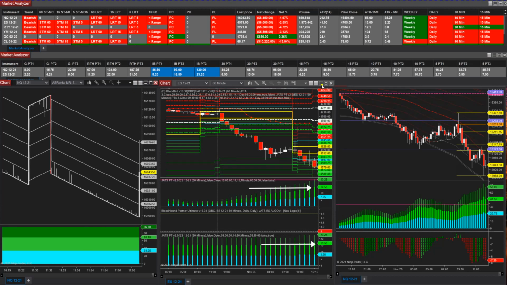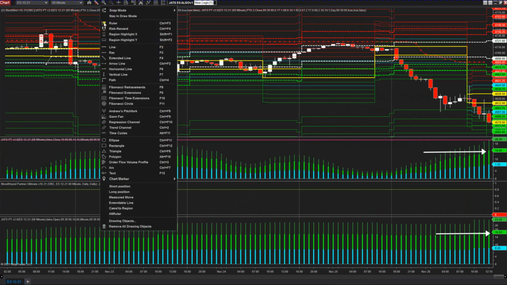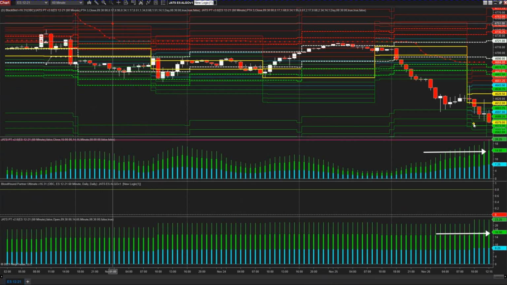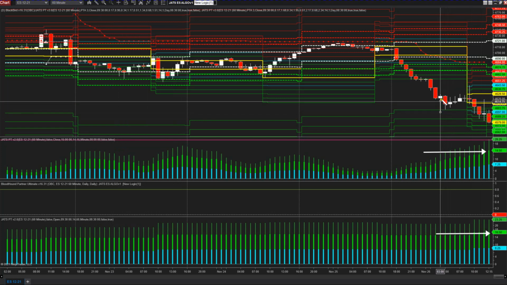And what I like to do with this indicator is take the percentage from the high or the low and wait for a retracement by a certain distance that I can assign using the PT ranges.